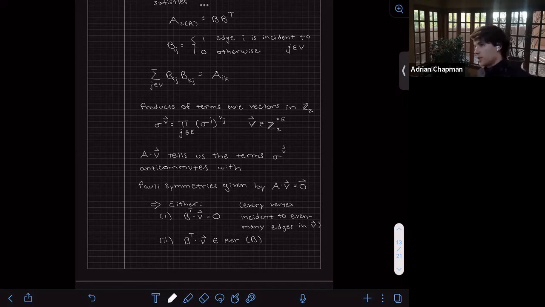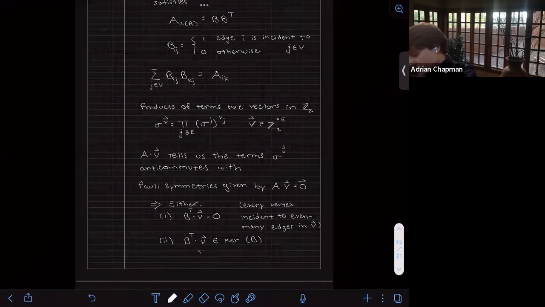So what's in the kernel of B is the all ones vector, which is to say that every edge contains 2 vertices. And so the only vector in the kernel of B is the all ones vector. This is the all ones vector. And this means that every vertex is incident to odd many edges.